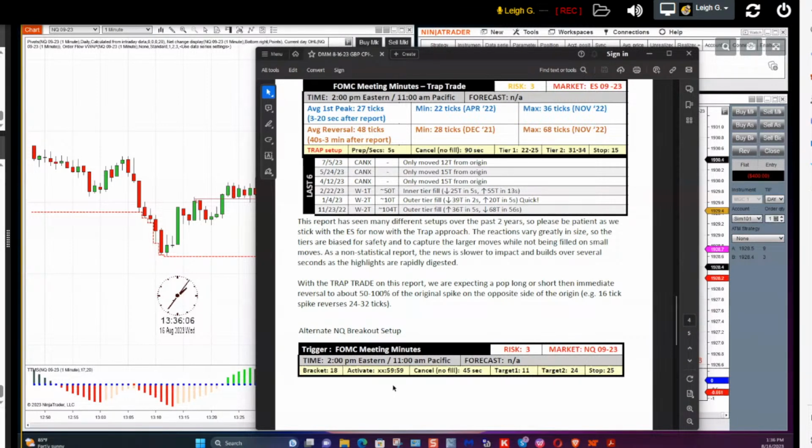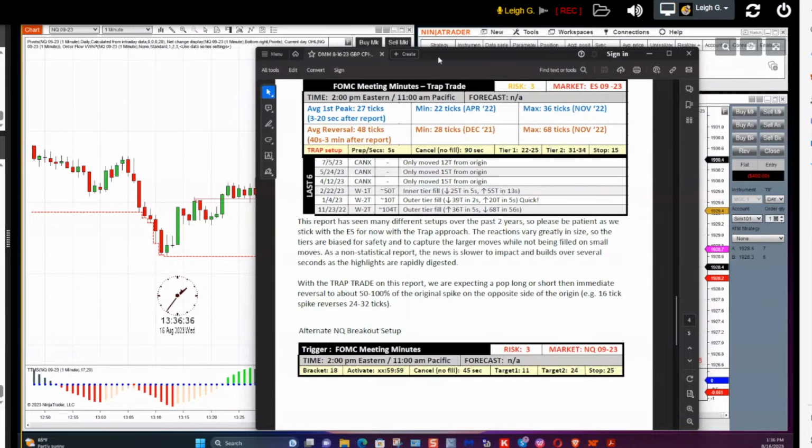Trading the NQ with an 18 tick bracket, none of these setups at the moment have returned a lot of profit. So, every now and then we'll get reports that we just have to take a break from. It's just what happens. It's not that we've done anything wrong. It's not that we're not willing to do our homework. This is what happens. Sometimes events change.